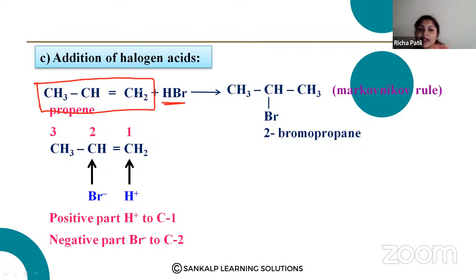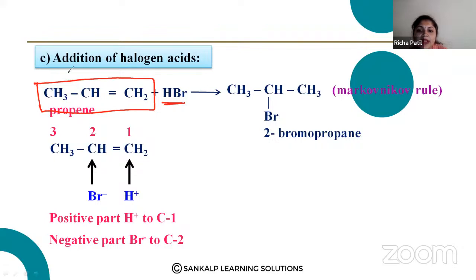Whenever you have a symmetrical alkene, across the double bond, wherever you want, you can add one hydrogen and another one OH, right? In the last reaction we saw, when we were adding water across a double bond that is symmetrical, at one carbon atom you can add a hydrogen and at the other carbon atom you can add OH.